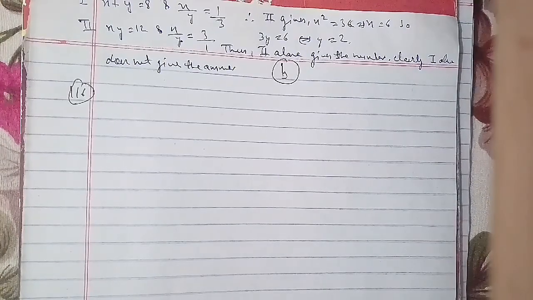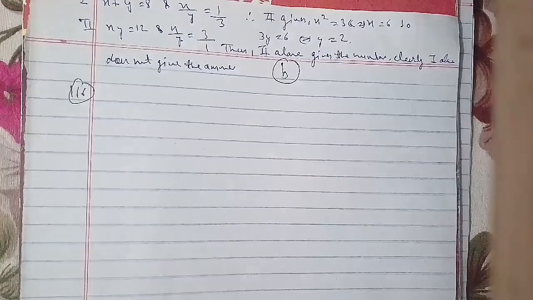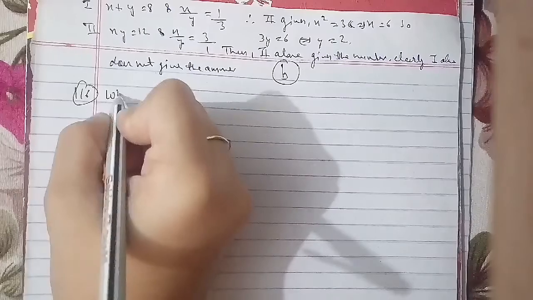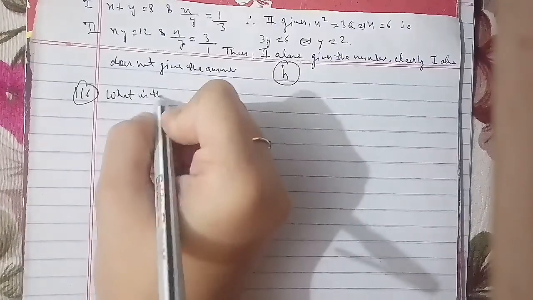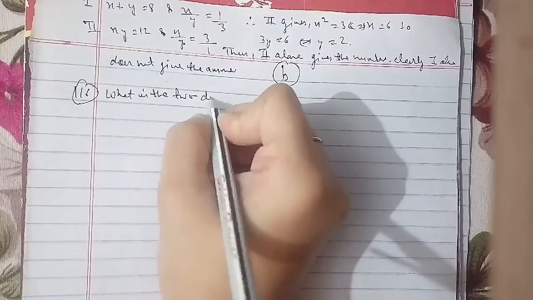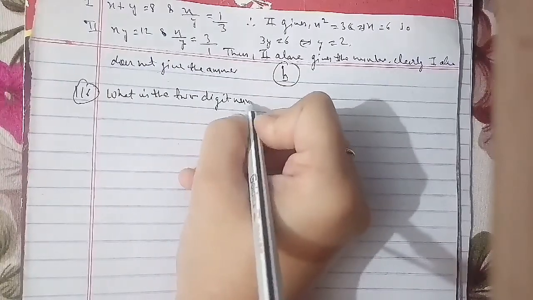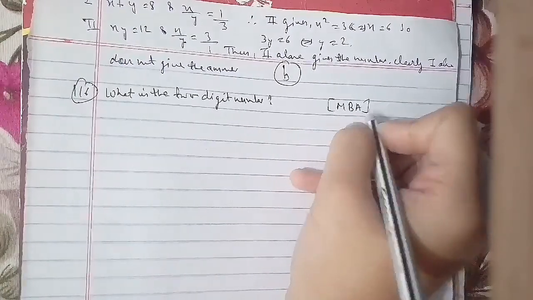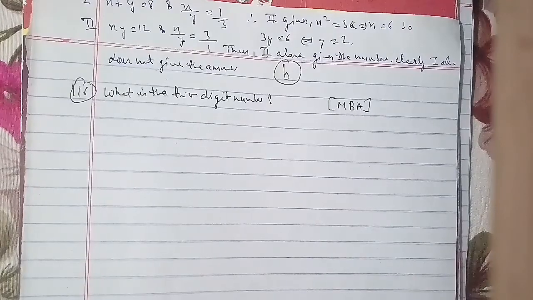The second is the difference between the number and the number obtained by interchanging the digits is 9.